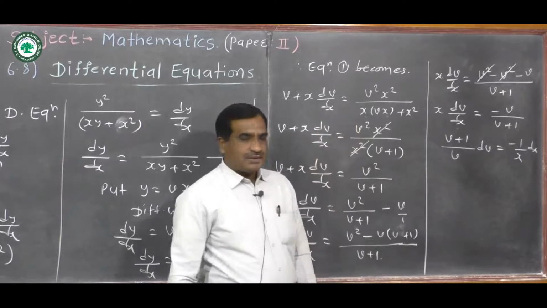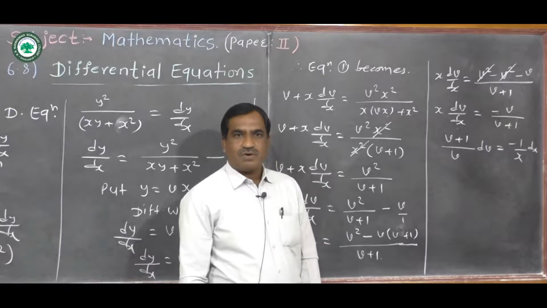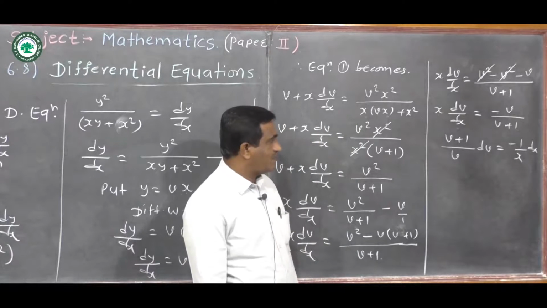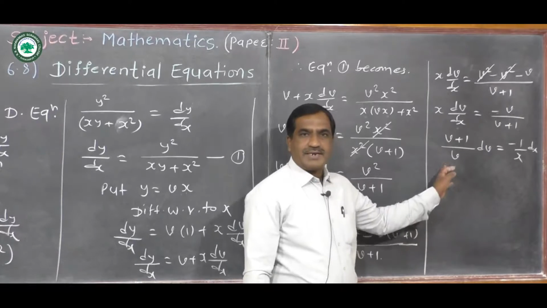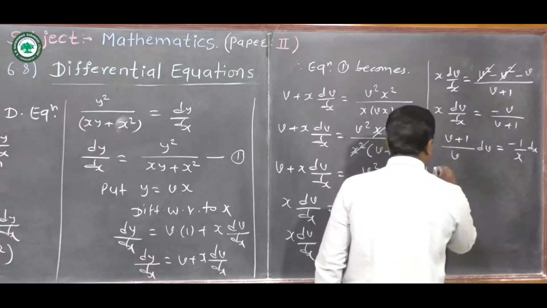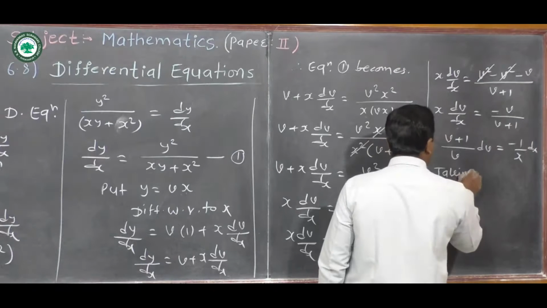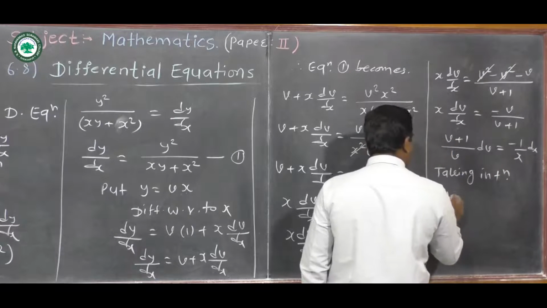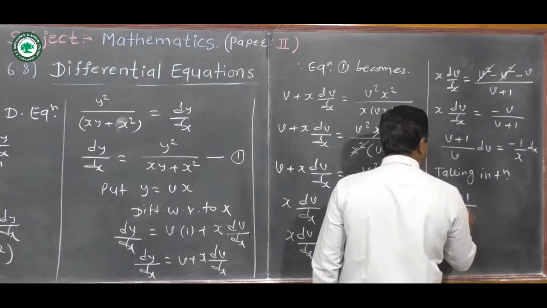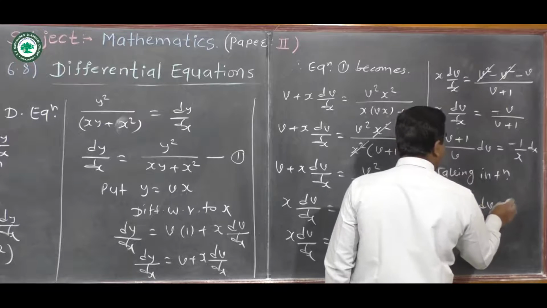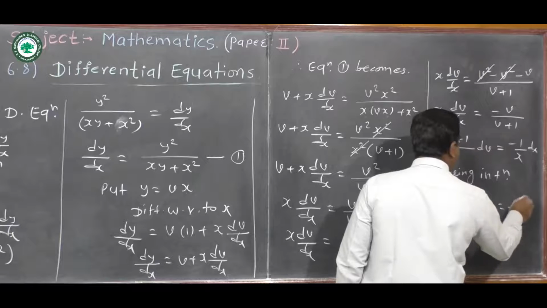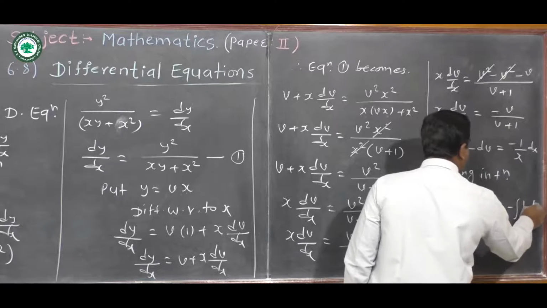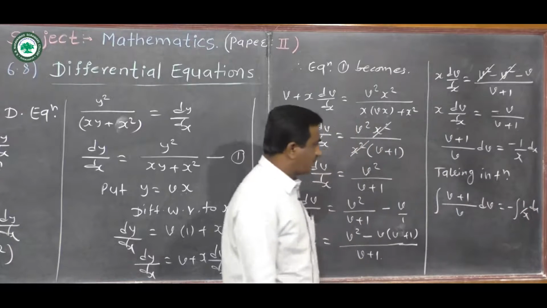Okay, now this is the variable separable form of the given differential equation. Now we can take integration here. Taking integration, we can write integral v plus 1 upon v into dv is equal to minus integral 1 upon x into dx.